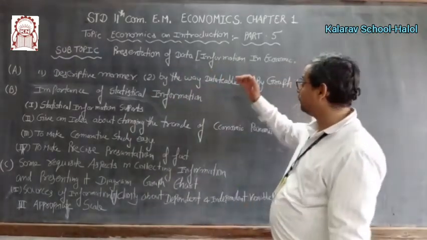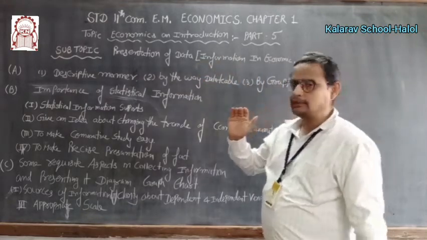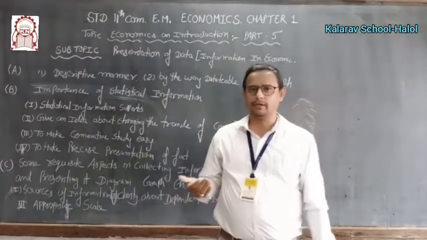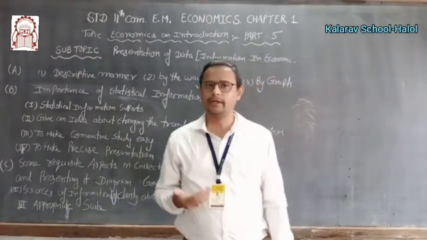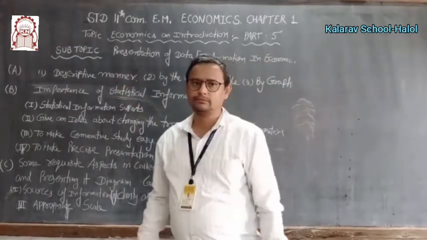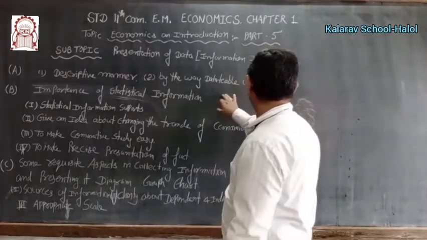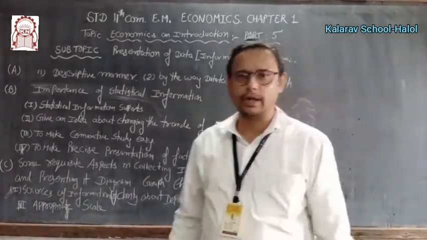So first thing is that whatever data are there, in 3 ways we can represent the data in economics. First, descriptive manner. Second, by way of a table, and third, by graph.